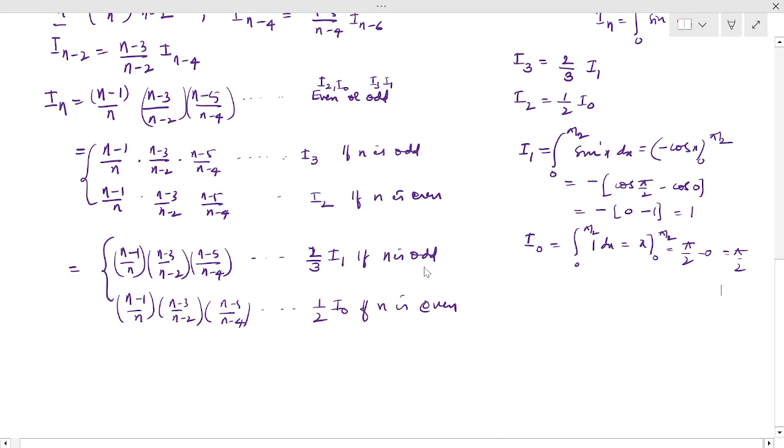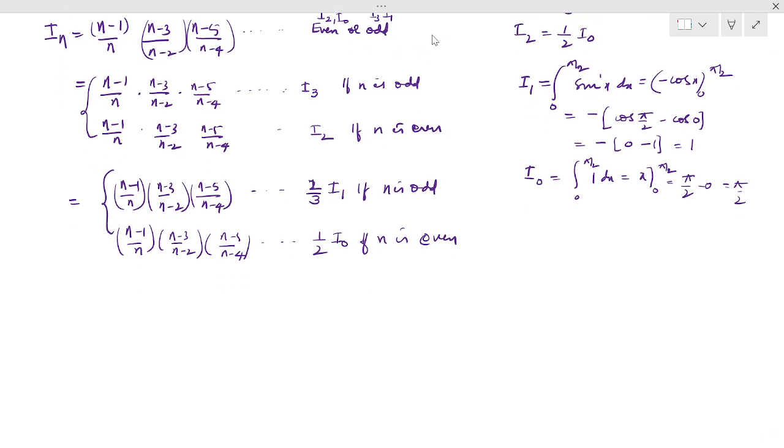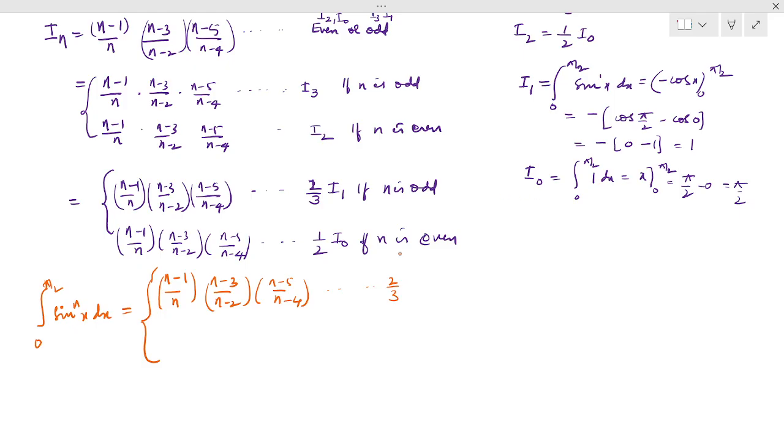So finally you can write it as: the integral from 0 to pi by 2 of sin raised to n x dx has the value (n minus 1)/n times (n minus 3)/(n minus 2) times (n minus 5)/(n minus 4), and so on, times 2 by 3, and I1 is 1, if n is odd.